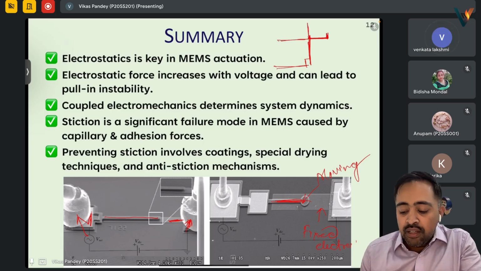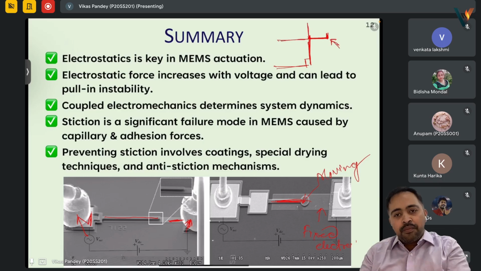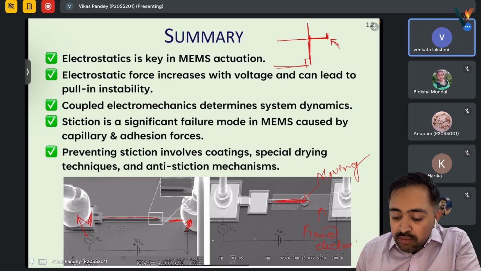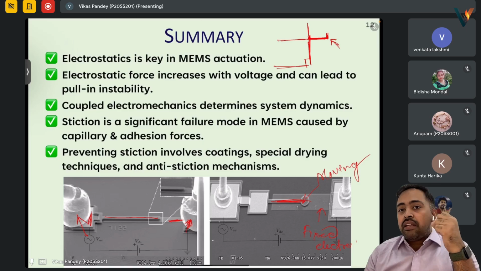How does this structure remain in air? That we call a cantilever beam structure. This cantilever beam structure is held in its position due to some mechanical strength.